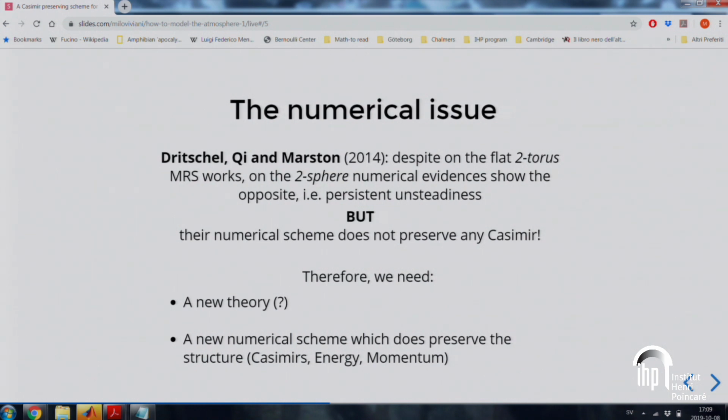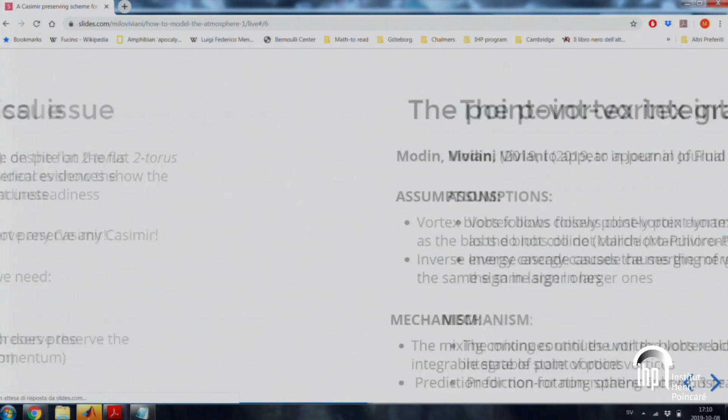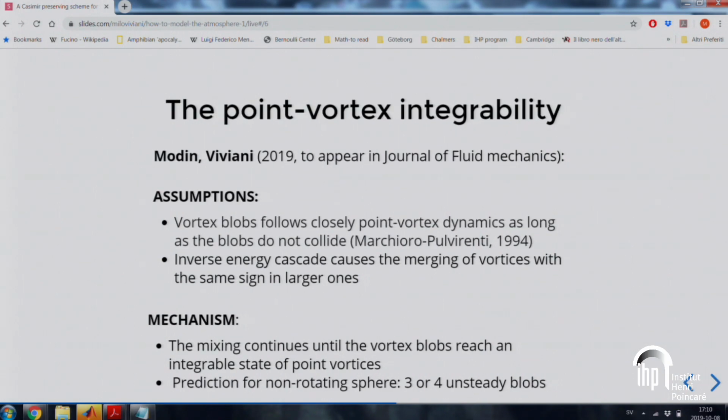Maybe it's too much to respond to both questions. So my supervisor, Professor Klas Modin, and I, in this paper that is to appear in the Journal of Fluid Mechanics, gave an explanation that should tell us why we get an unsteady statistical state of the 2D turbulence.